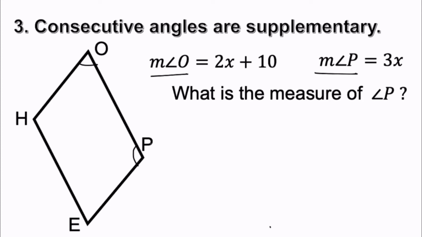Ibig sabihin, sila ay supplementary at ang sum ng kanilang measures ay 180. So, isulat na natin. Measure of angle O plus measure of angle P equals 180.